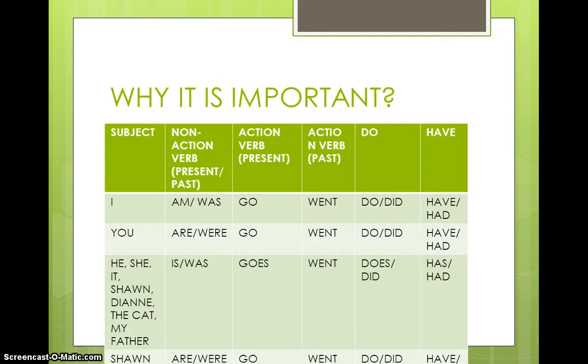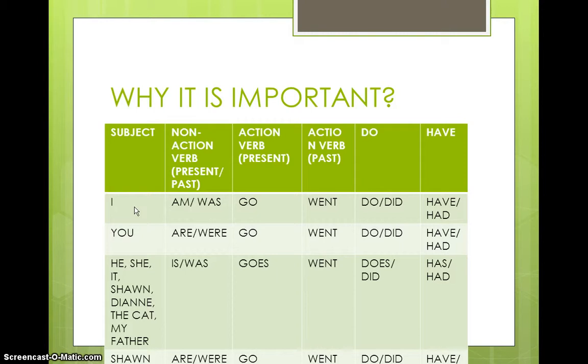Alright, let's have a look at the table that I have here. Okay, as you can see, I divide the table into 6 columns. Okay, you have subject, non-action verb for present and past, action verb for present, action verb for past, we have do and also have. Okay, now let's refer to subject.